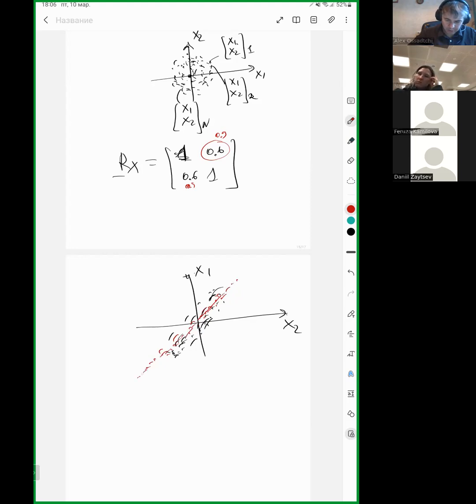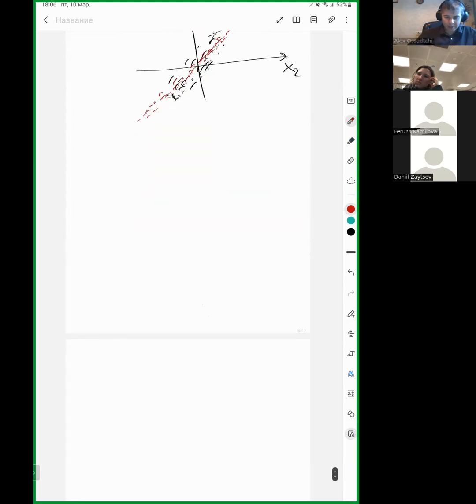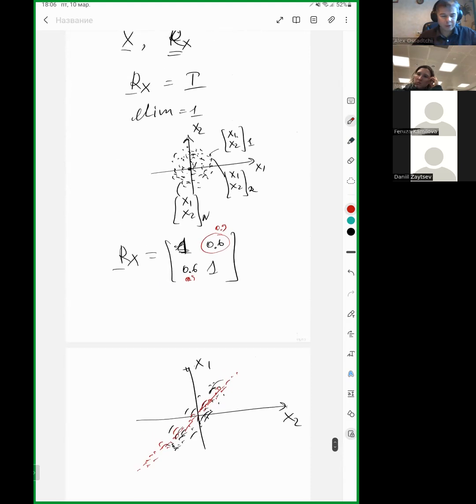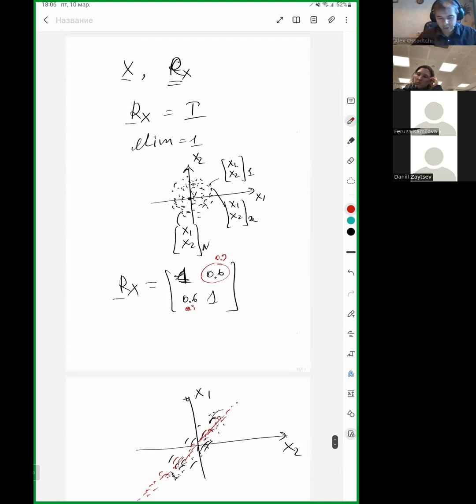Try to imagine this. You can think of these points as samples of noise coming into you, if you're trying to listen to something and standing in the center here.